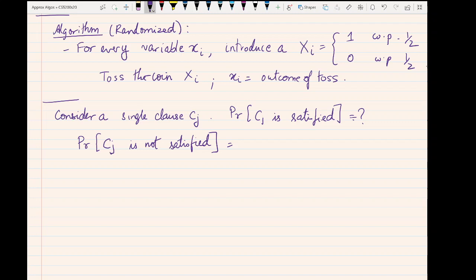And because every literal can take the value 0 or 1 with probability half, the probability of Cj not being satisfied is exactly equal to half raised to Lj, where we recall that Lj is the length or the number of literals of the clause Cj. So this implies that the probability that Cj is satisfied is 1 minus 1 over 2 raised to Lj.